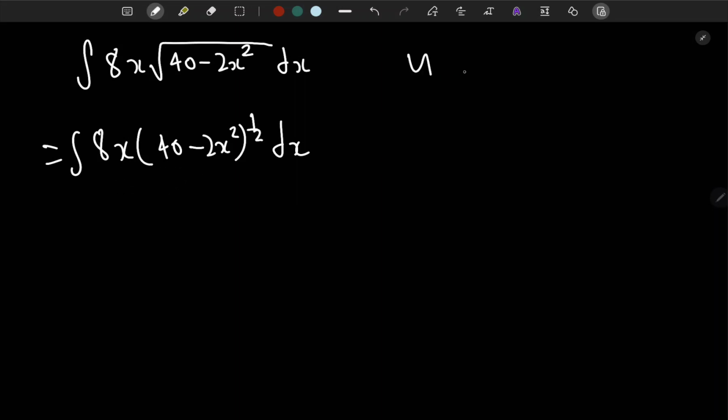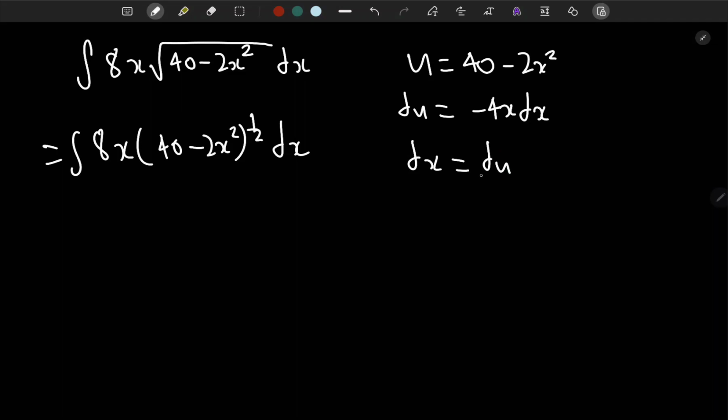So u is equal to 40 minus 2x squared, and then du is equal to minus 4x dx, and we can rewrite this as dx is equal to du over minus 4x.